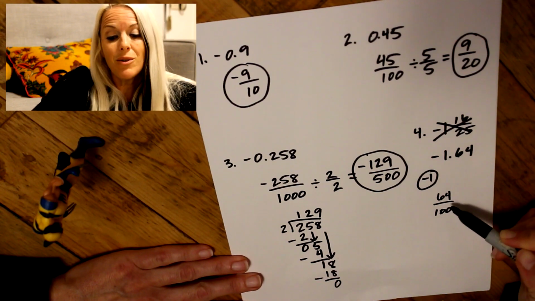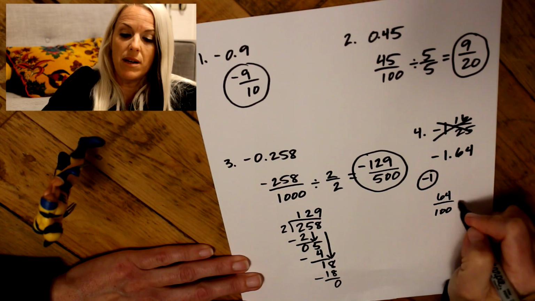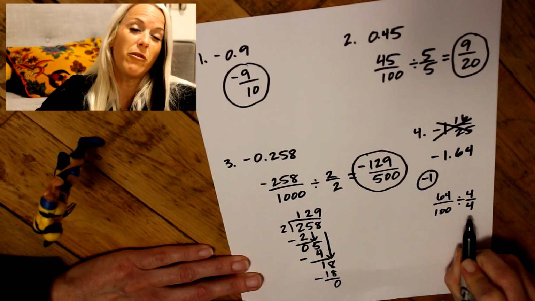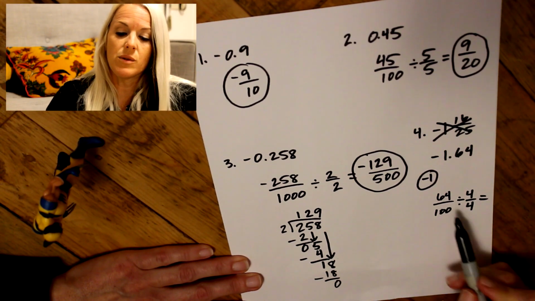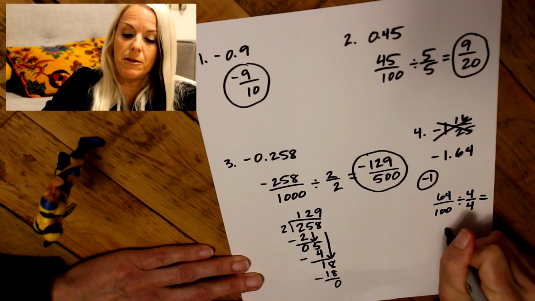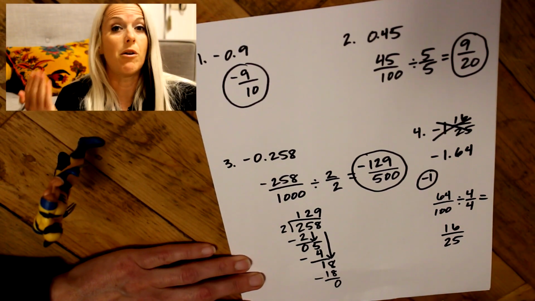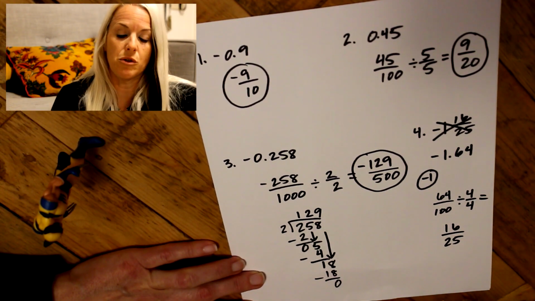But I also know that 64 and 100 are both divisible by 4. So I'm going to go ahead and just do divided by 4 over 4. So a form of 1 in the form of 4 over 4. So 64 divided by 4, I happen to know is 16, and 100 divided by 4 is 25, but you can always do that on the side of your paper if you don't know that division already.